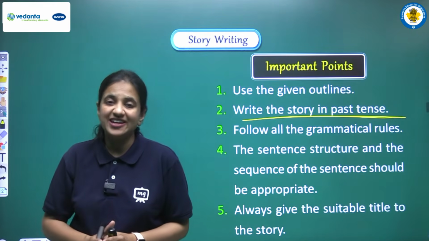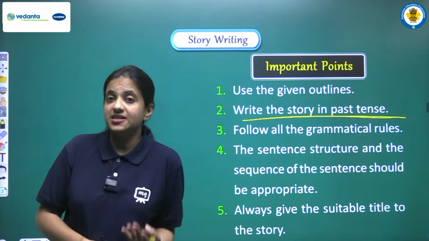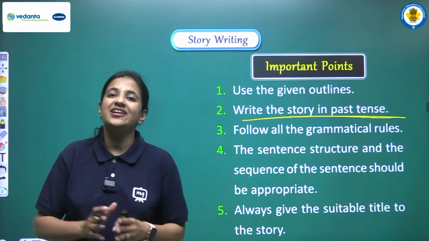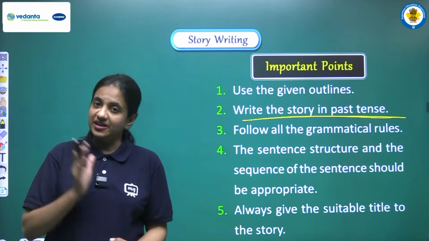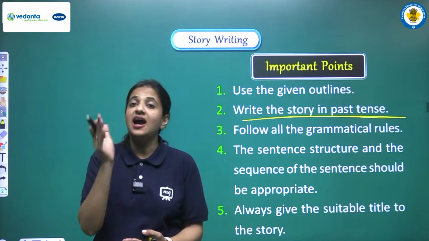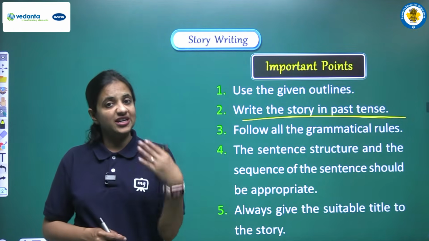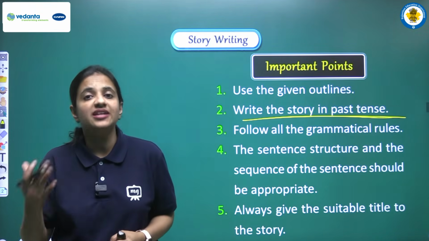We cannot say that one king is there, one lion is there, or one monkey is there. No. All these stories are in past tense only. I am repeating this: generally outlines are in present tense, but we have to change the tense and write the story using past tense.